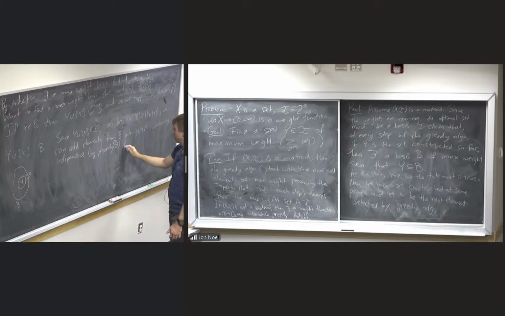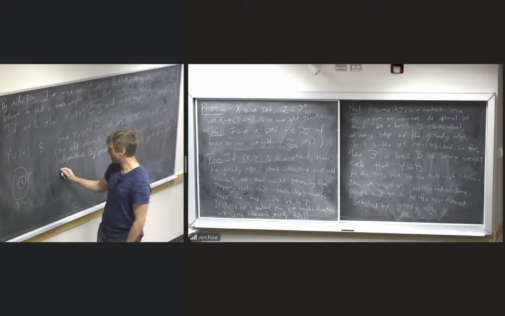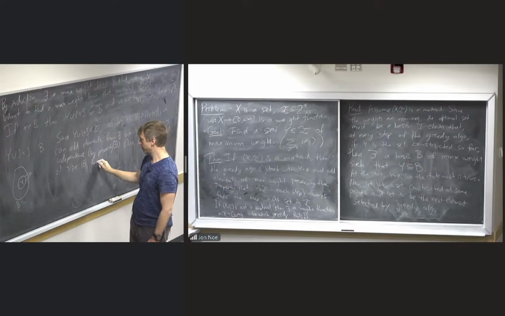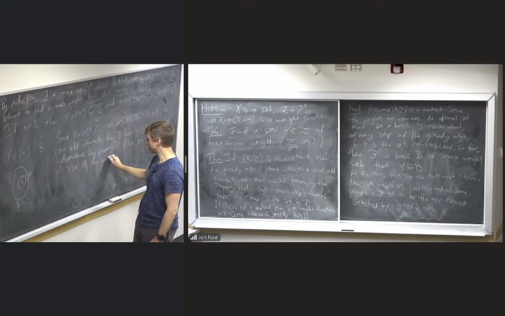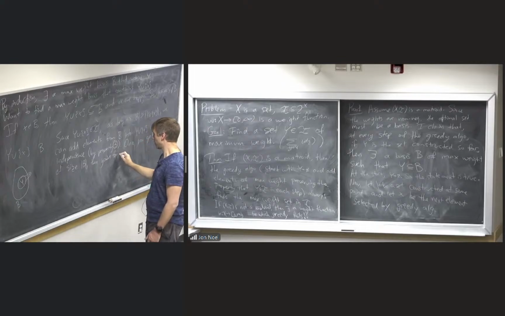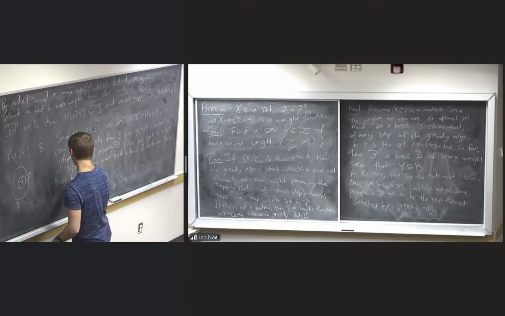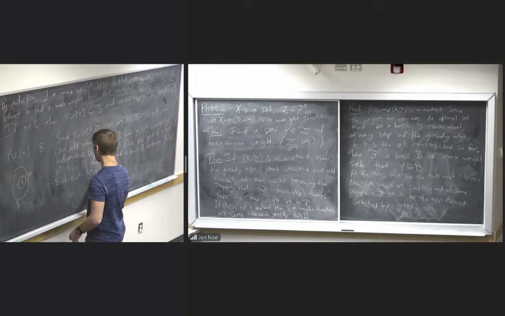So at the end, once you get to a set of the same size as B, then you found a basis B prime containing Y union X with the property that the only element of this B prime that is not in B is X. So such that if I take B prime and take away X, it's a subset of B.